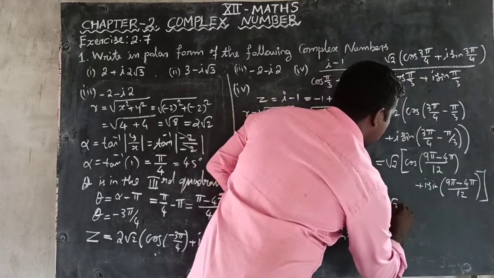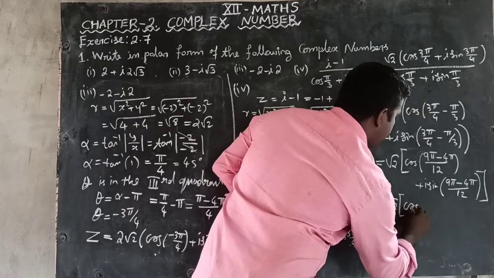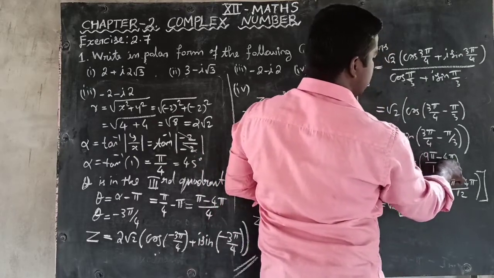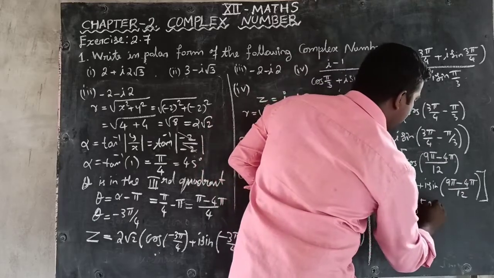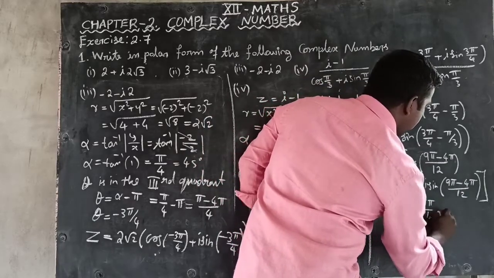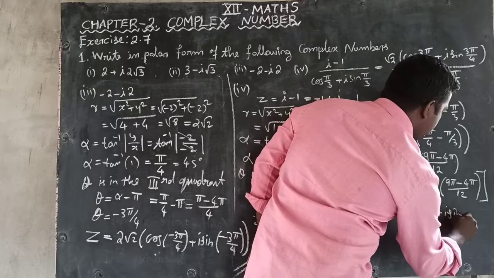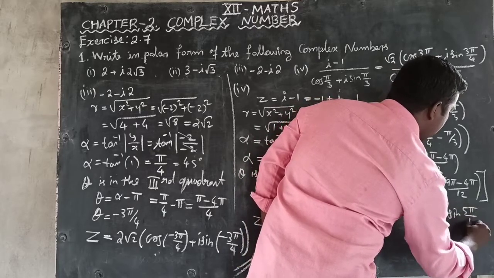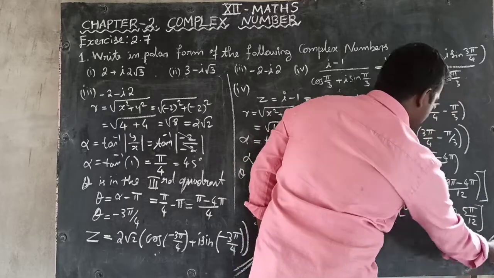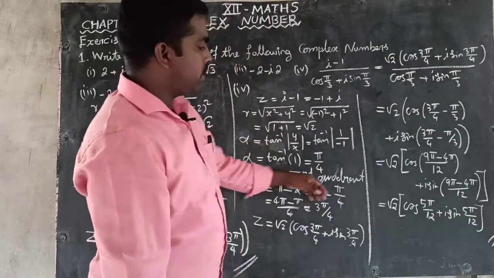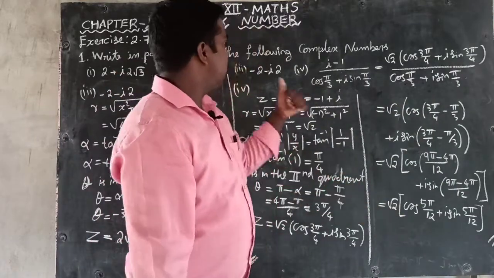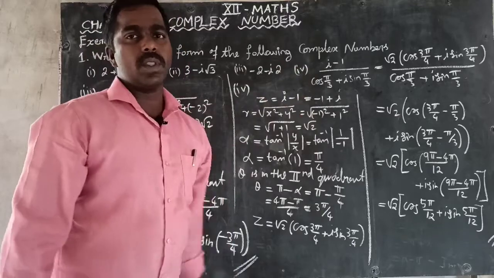That is root 2 into cos of 9 pi minus 4 pi, which is 5 pi by 12, plus i sin 5 pi by 12. So this is the result. This is the polar form of the given complex number. Okay, thank you.